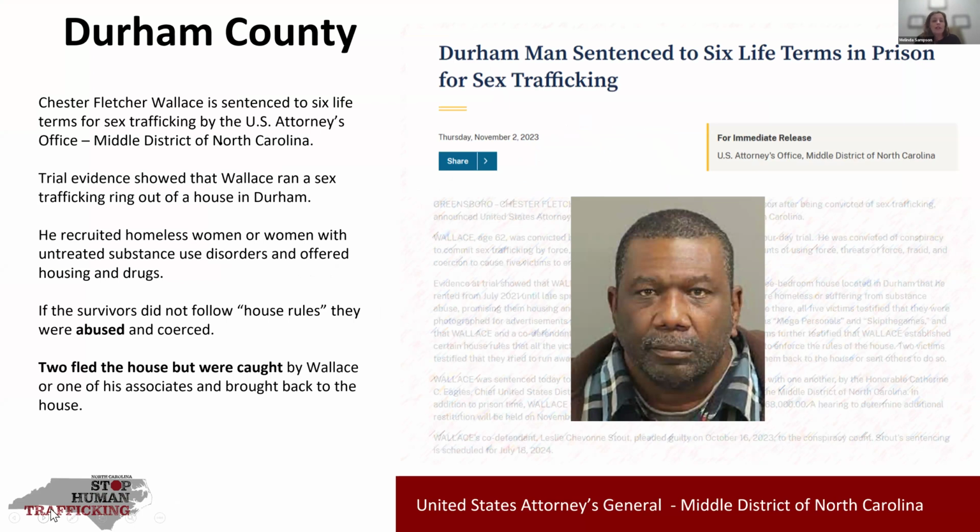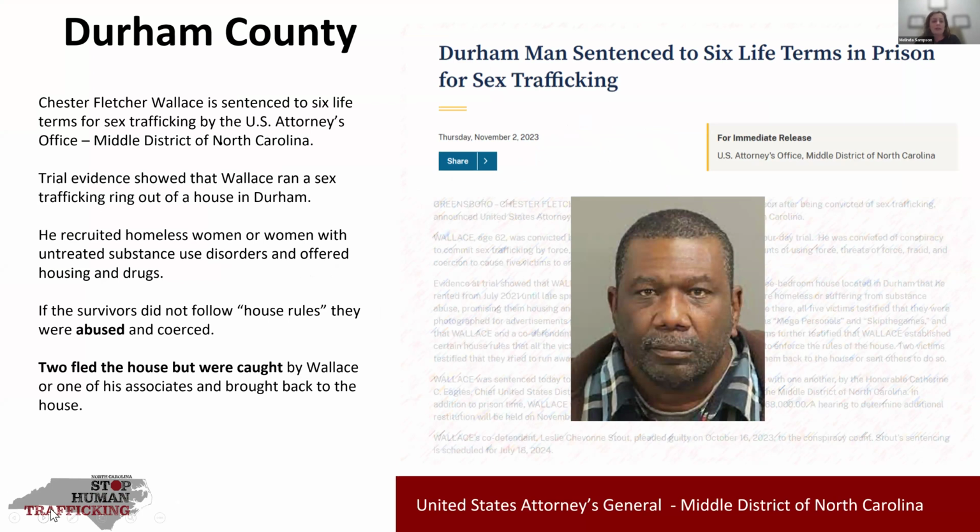So it showed that Wallace ran a sex trafficking ring out of a house in Durham. And what he did was he recruited homeless women or women with untreated substance use disorders and offered them housing and drugs. This component is going to be really focused on later when we talk about vulnerabilities.